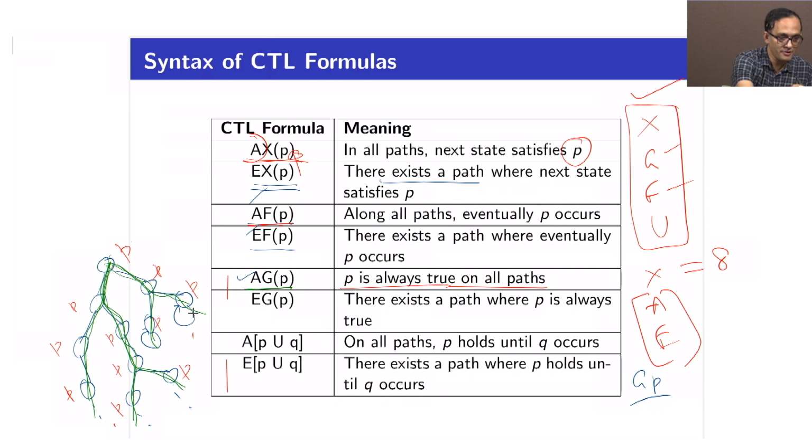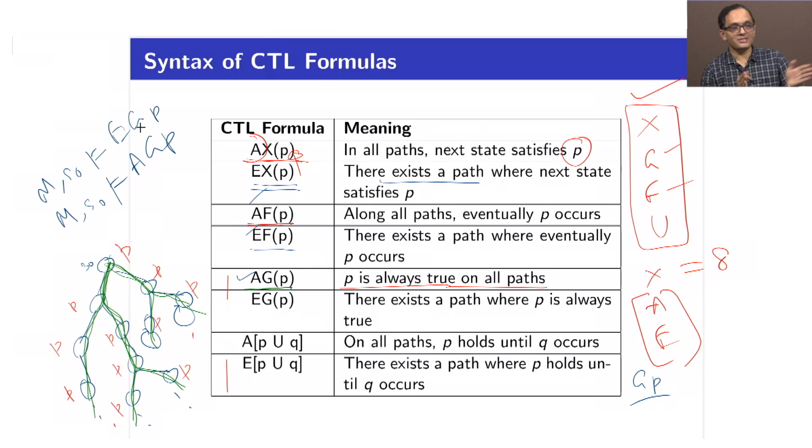So, then I can write that this model, and this is my S0 state, S0 satisfies AGP, and as I mentioned, then this also satisfies EGP, because there exists a path in which globally P holds, right.